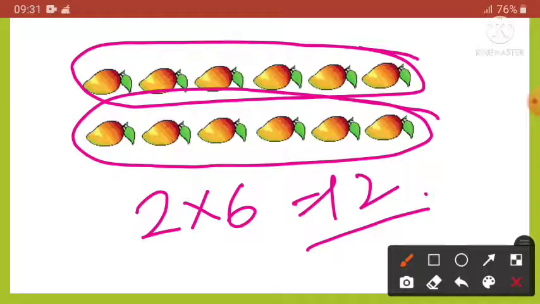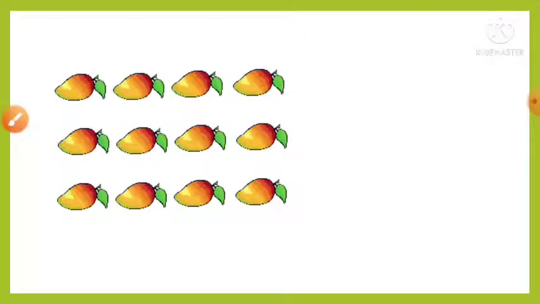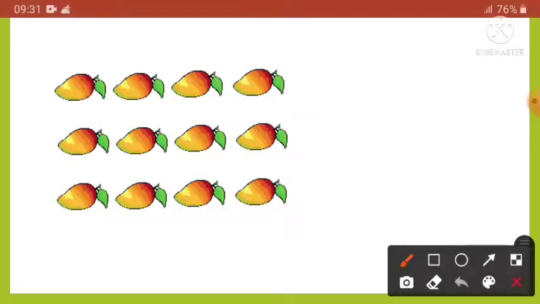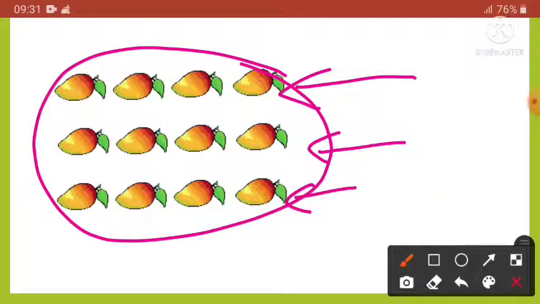Okay. Now if again you want to give equal mangoes to 3 of your friends, then you have to keep 4 mangoes in each of 3 rows here. Yes, that means here you are having 3 rows with 4 mangoes, 3 into 4.